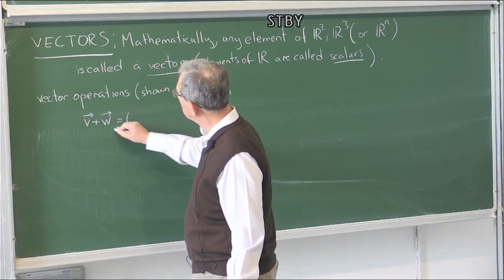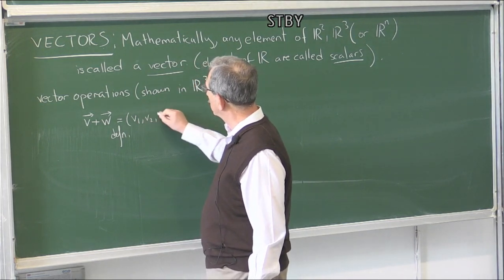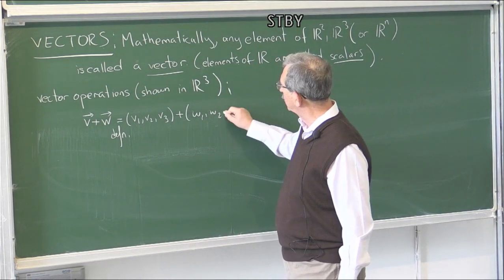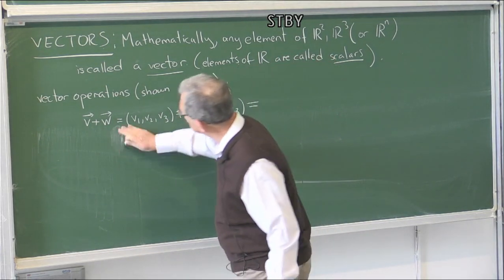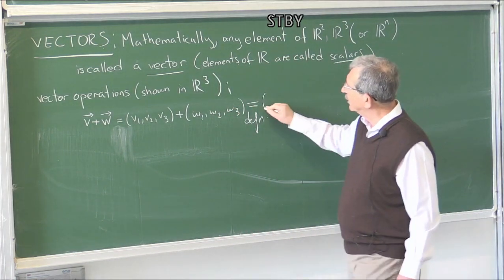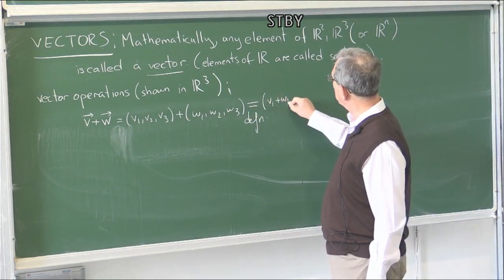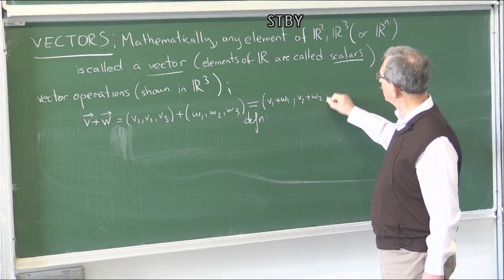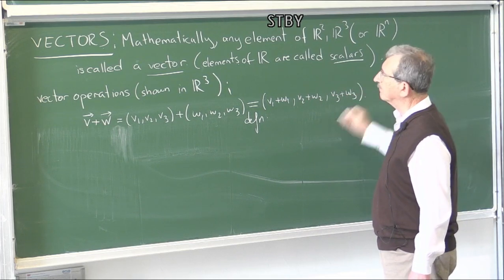This is a definition: V1, V2, V3 plus W1, W2, W3. Actually, that's not the definition. The definition is here, and it is component-wise. That is, it's V1 plus W1, V2 plus W2, V3 plus W3.